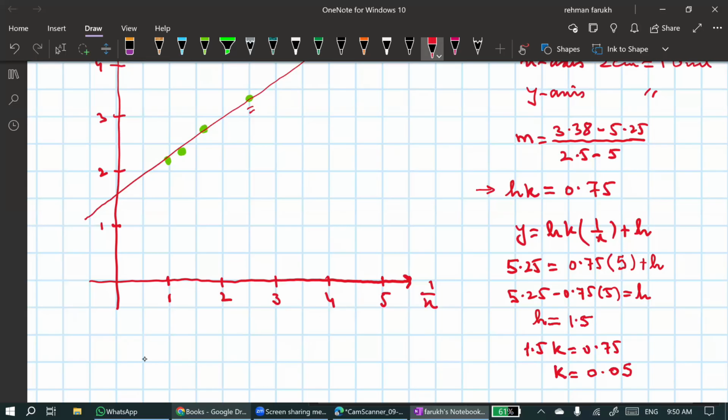Sir 0.5. Okay, 0.5. Now these are the values of h and k.